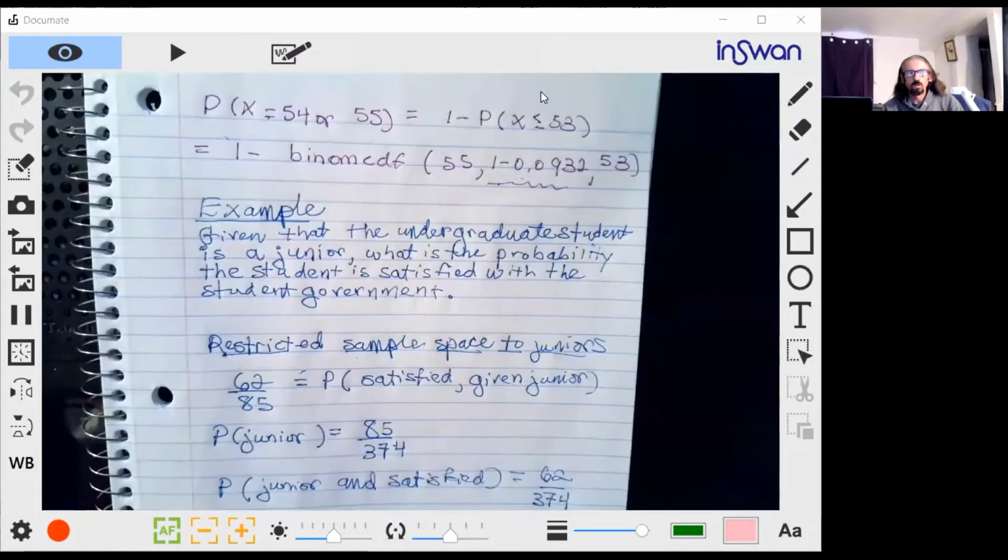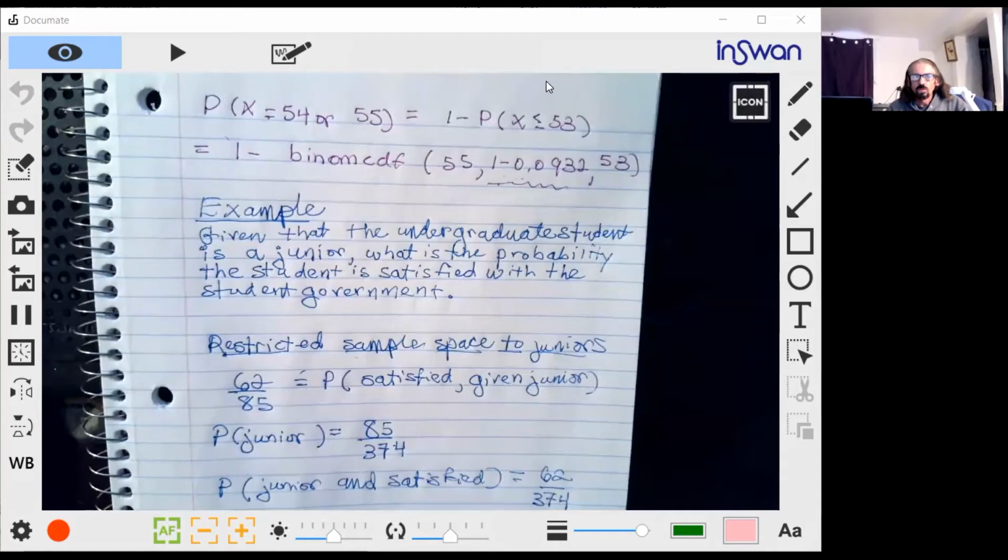Since we've been talking about juniors and juniors that are satisfied, we could see from the table that out of the total 374 in the entire sample space, of all the 374 students, 85 of them were juniors. And also, I got that 62 from the intersection of the row and column for junior and satisfied.